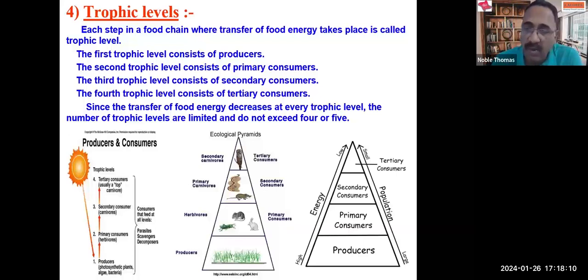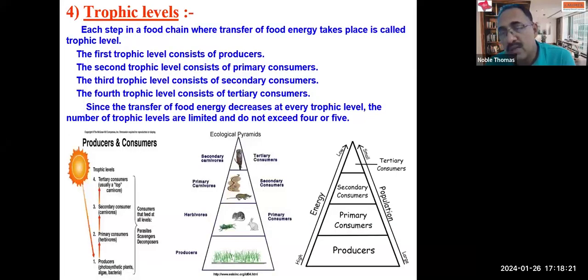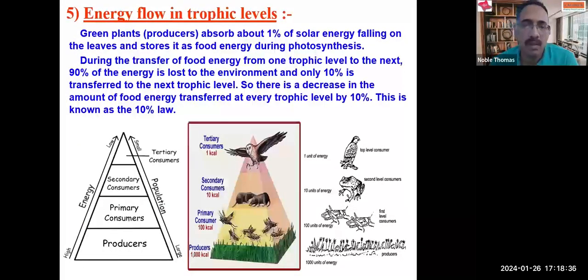For example, the pyramid of energy, the pyramid of population, the pyramid of biomass, different names are given depending on what component you are showing in the ecosystem or the pyramid. This is showing the energy flow in the pyramid.